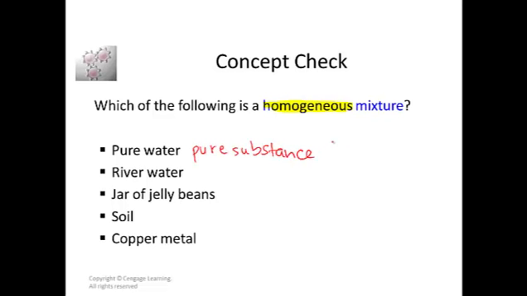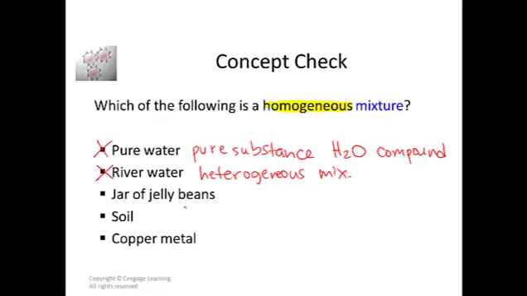And it's H2O, nothing else is in it, so this is a compound, not a mixture. So we can't have that one. River water is a mixture. Can you see things in it? Yes. This is a heterogeneous mixture. I bet you could see maybe some silt or evidence of some plant or animal life. So that's a heterogeneous mixture.